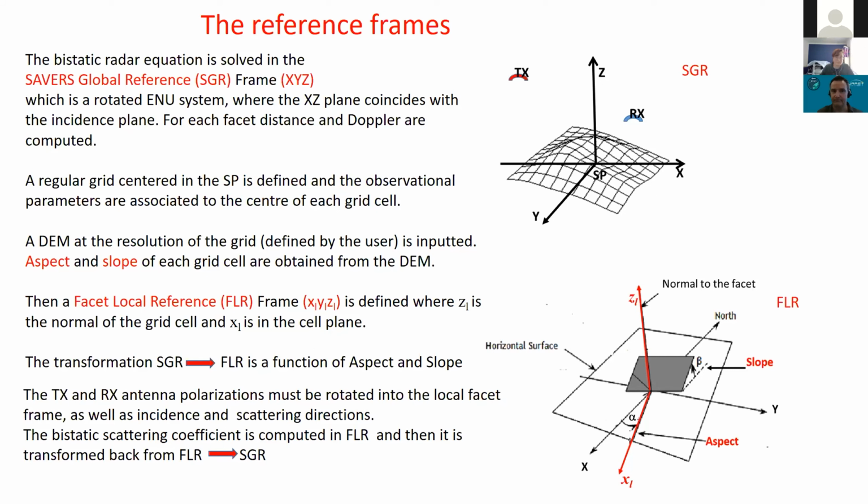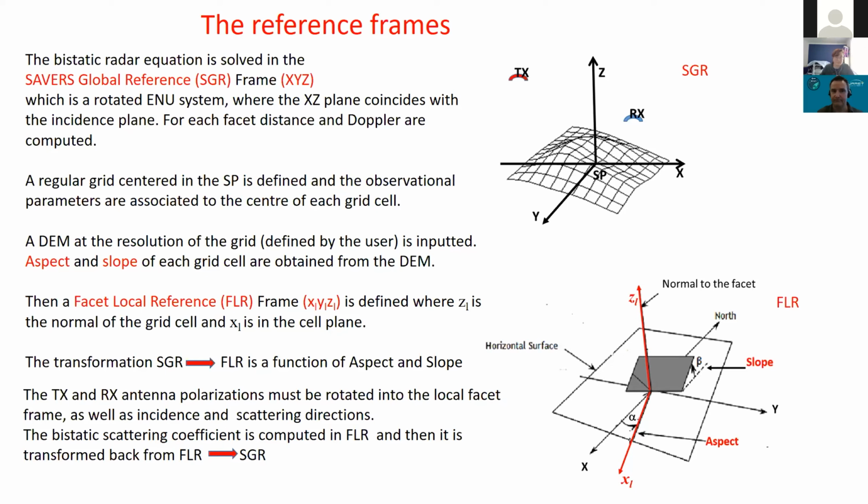Then there is a local reference frame, different for each facet, in the global reference system. The transformation from the global system to the local system is a function of the aspect and slope.